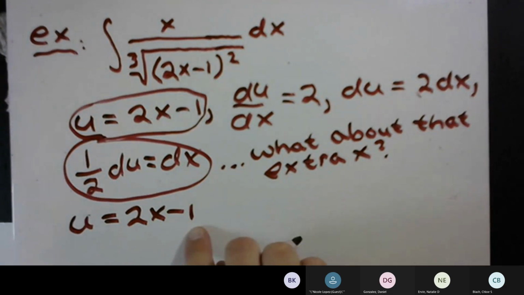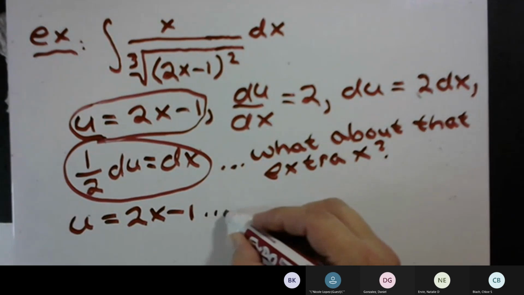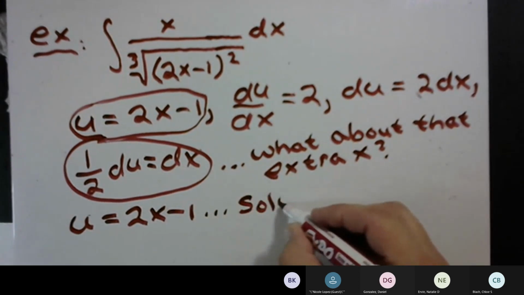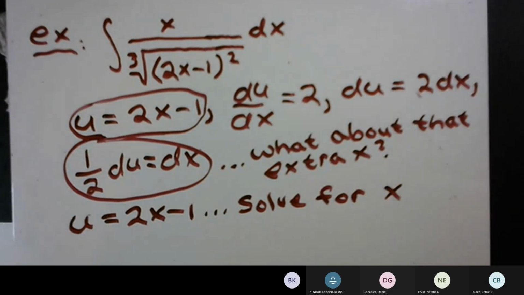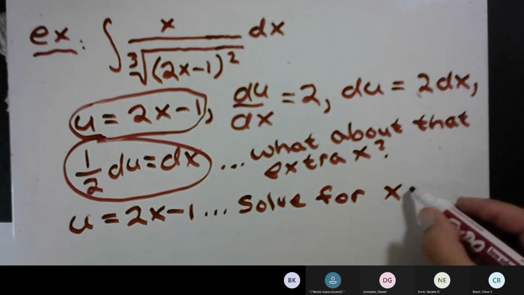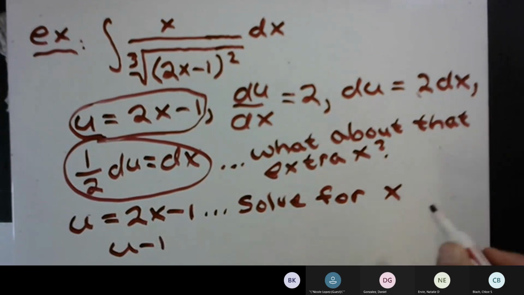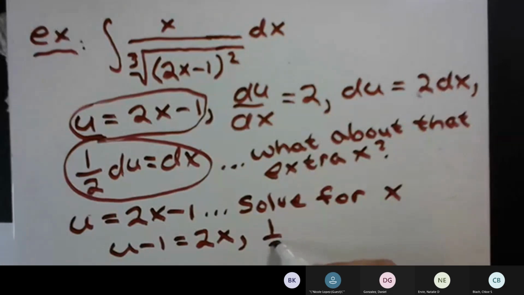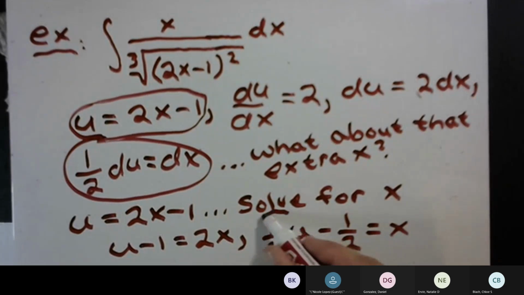We can take this u substitution that we've made and solve for x. And when we do that, we'll get u plus 1 equals 2x. Divide by 2, we'll get 1/2 u plus 1/2 is equal to x.